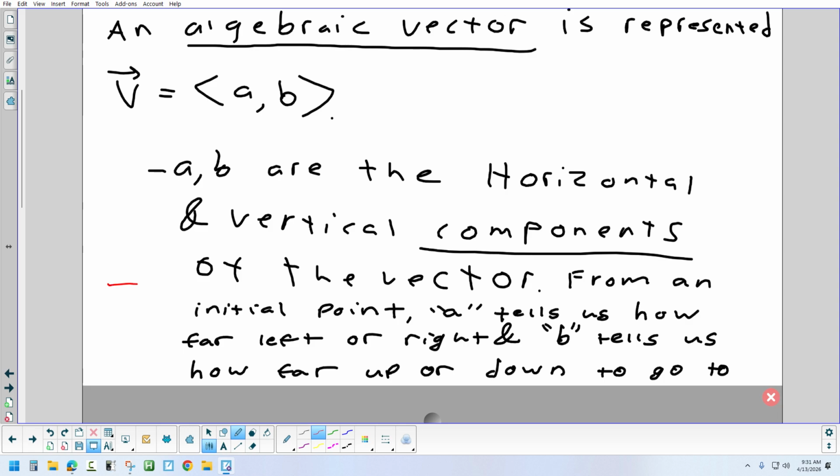And then B tells you from right here how many units you go up or down. If B is positive, you go up. If it's negative, you go down. So it's directions from the start point to the terminal point along a horizontal and vertical path. That's what A and B are.